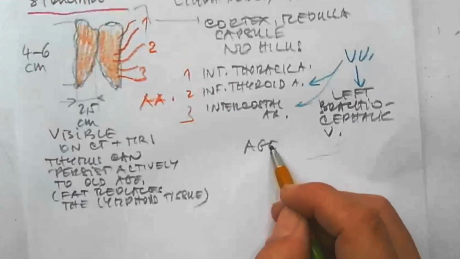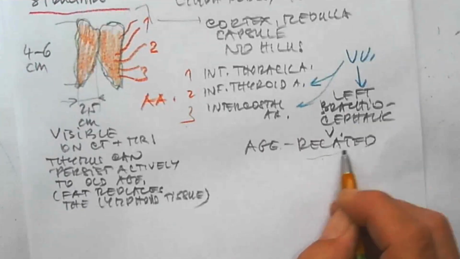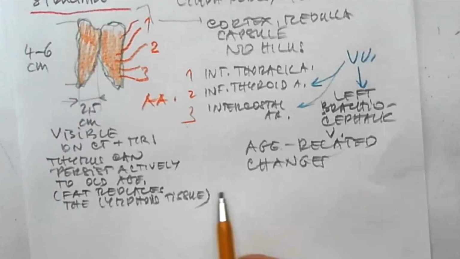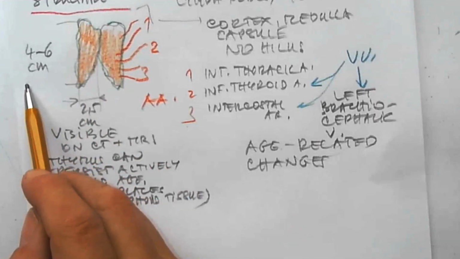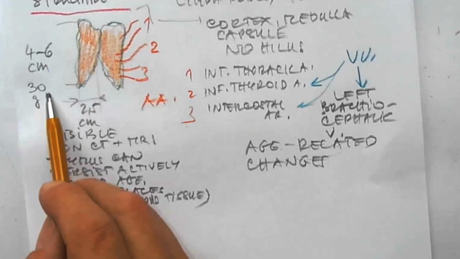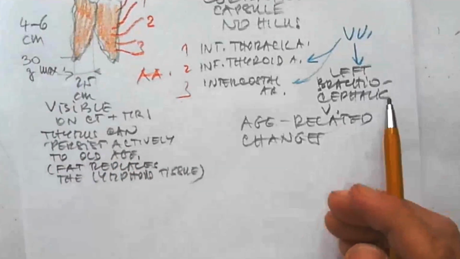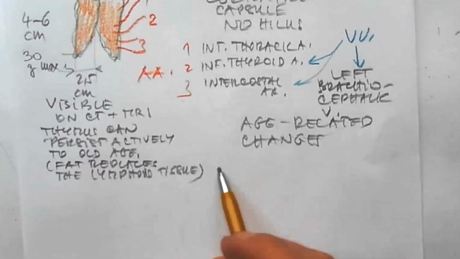What is typical for the thymus are the age-related changes, because we know the dimensions. The weight is usually up to a maximum of 30 grams, because in the older age it could be much less, only a few grams. So, age-related.